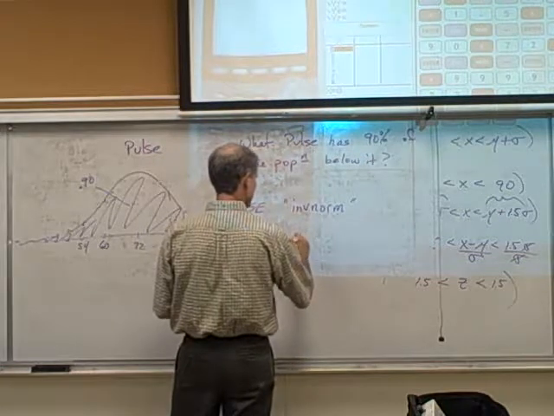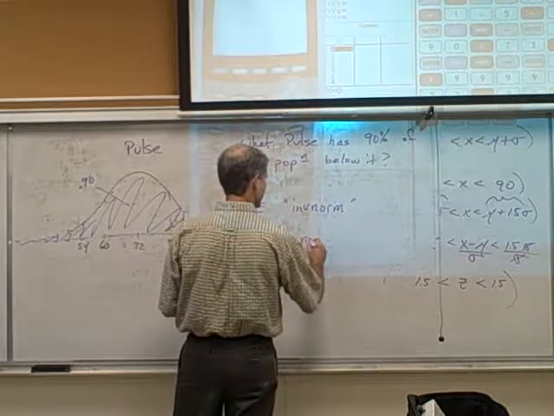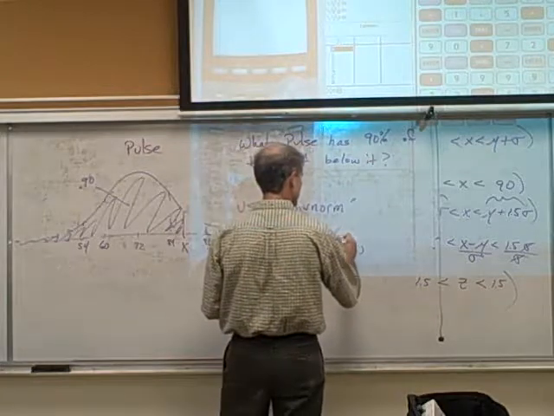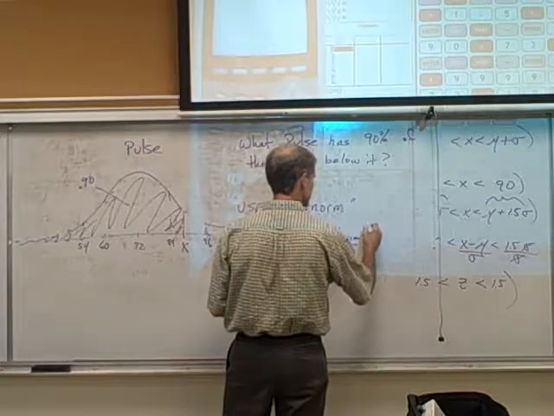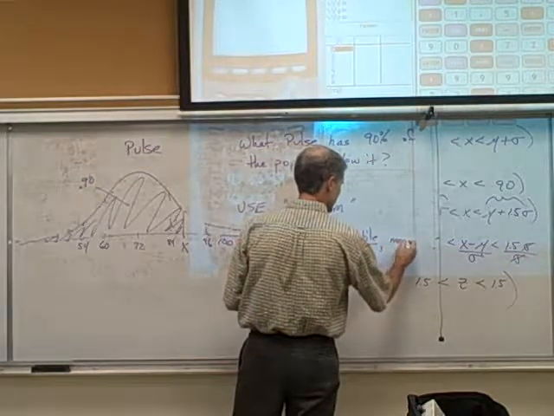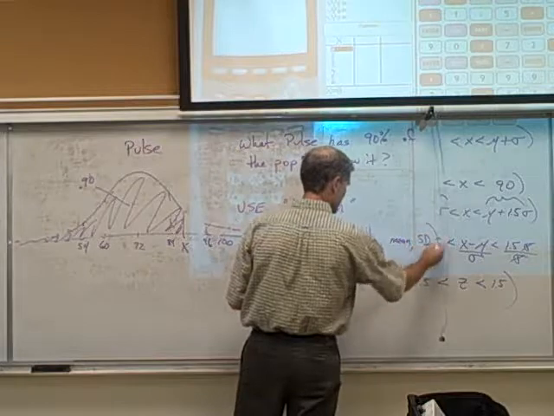So it's inverse norm. First one is the percentile. Then followed by the mean, followed by the standard deviation.